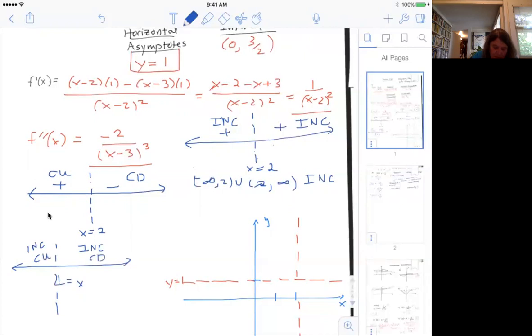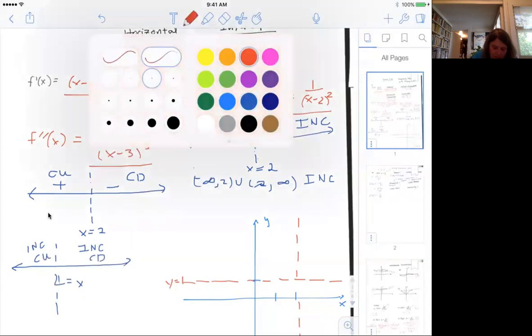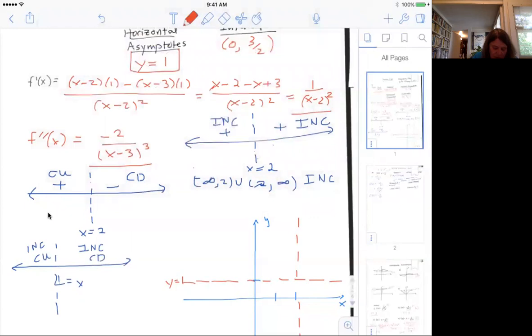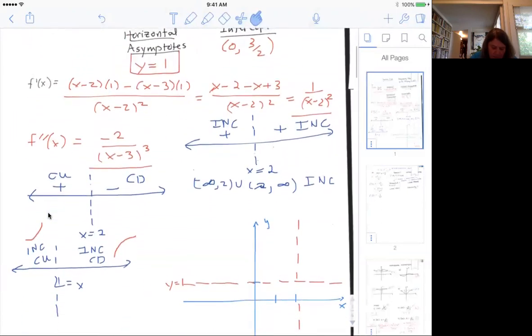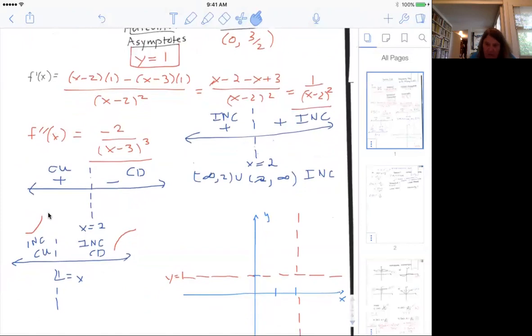Now all I really need to do is look at what those shapes are. Remember that increasing goes up; increasing concave down goes up and is bowed downward. Increasing concave up still goes up, but it's bowed upward. Now, the question here then is, where can these pieces fit?